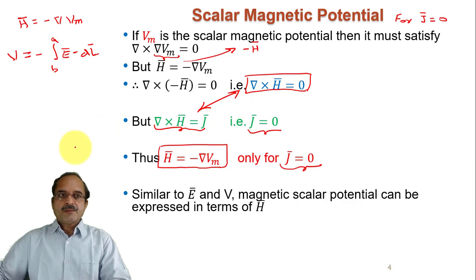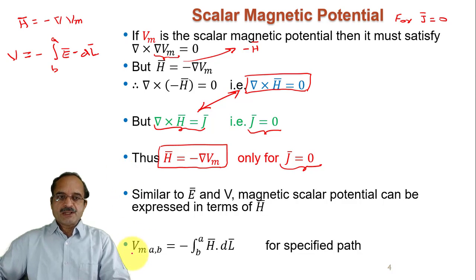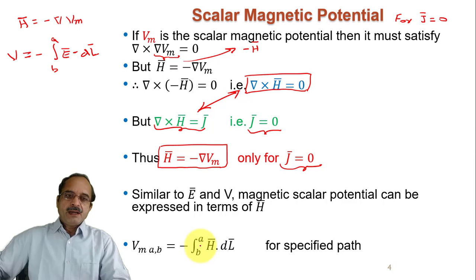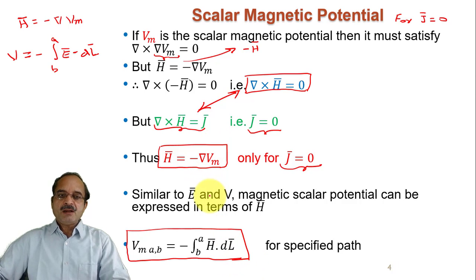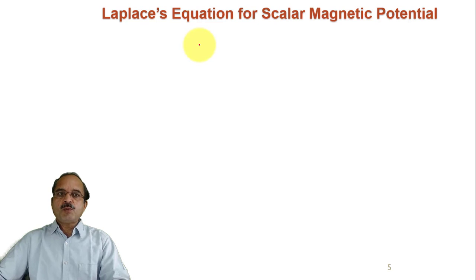In the same manner, we can write the expression for scalar magnetic potential as VmAB equal to negative integral B to A H dot dl. So for a specified path B to A, this expression we can use to find out the scalar magnetic potential having knowledge of magnetic field intensity. So this is what is scalar magnetic potential.